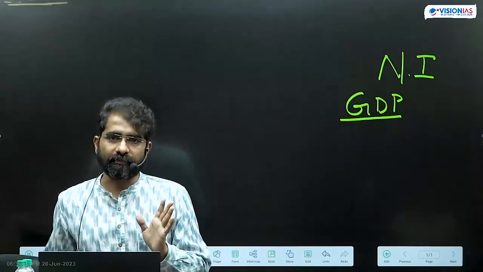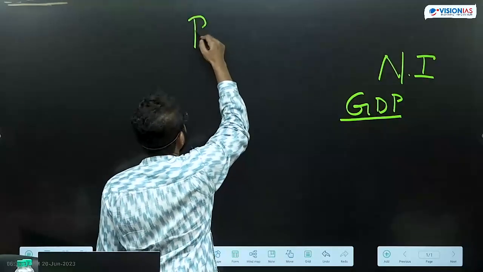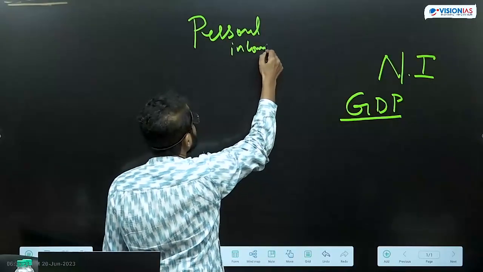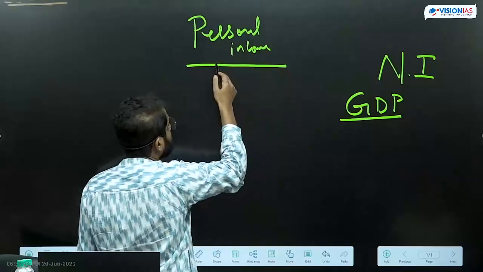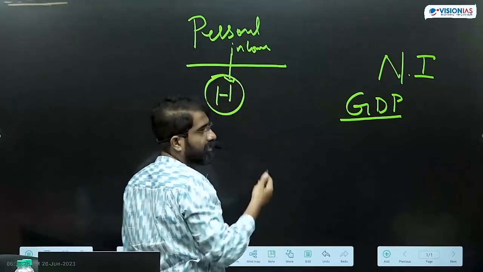This should be clear. Now, when we talk about the concept of personal income, listen very carefully. What is personal income? It is the income that is coming to the households.